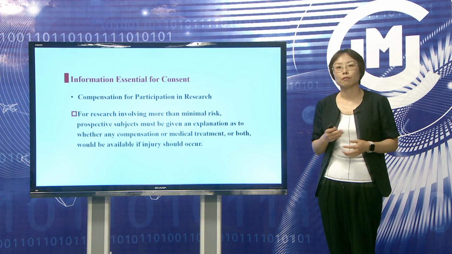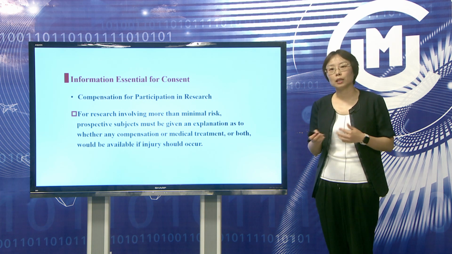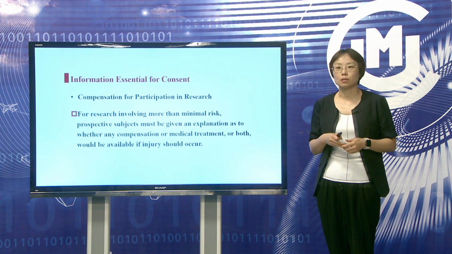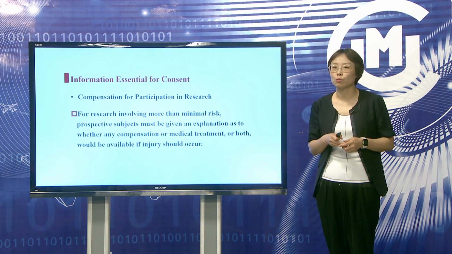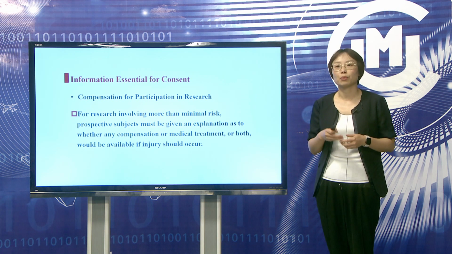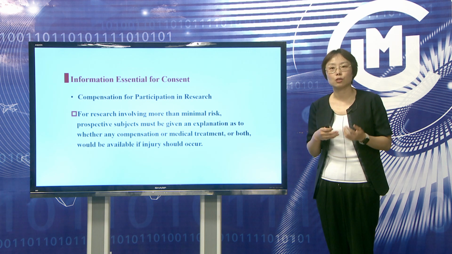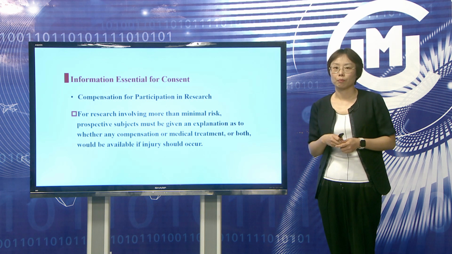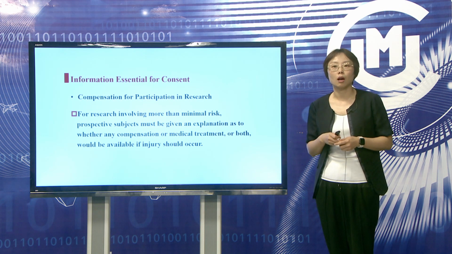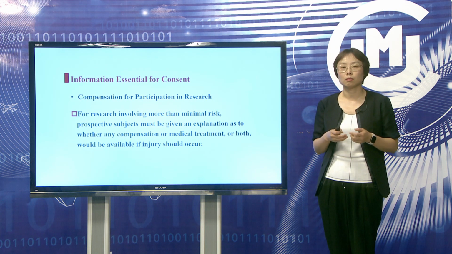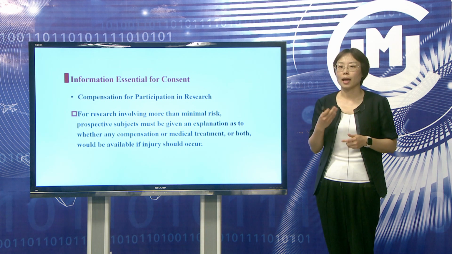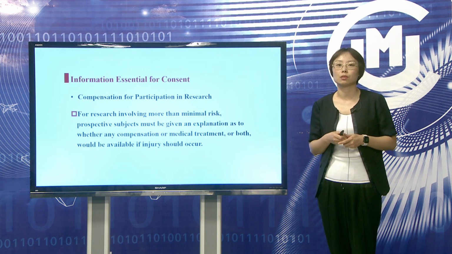For research involving more than minimal risk, prospective subjects must be given an explanation as to whether any compensation or medical treatment or both would be available if injury should occur. If medical treatments are available, the person obtaining consent must describe the type and extent of the treatments.